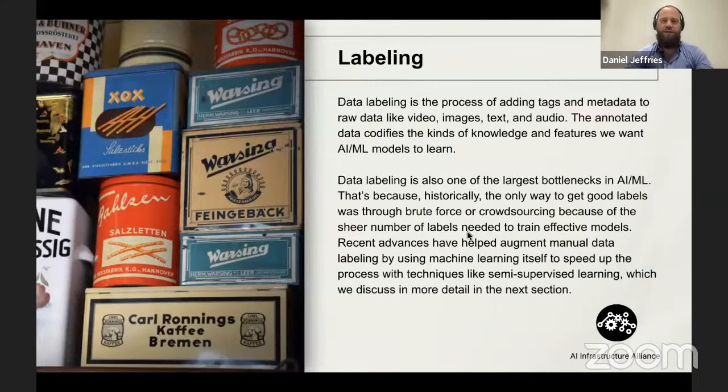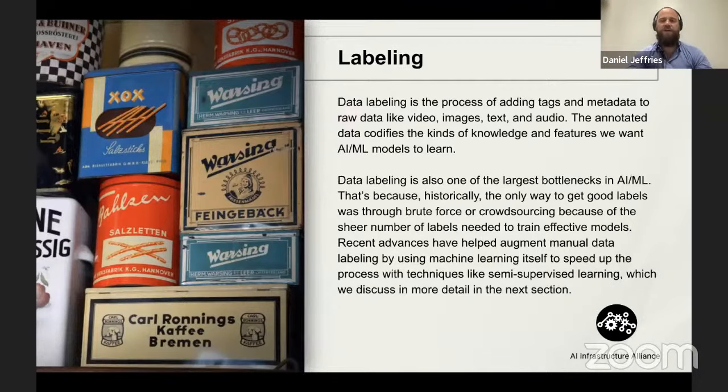Let's get to labeling. This is the process of adding tags and metadata to your raw data, your videos, your images, your text. That codifies the knowledge and features that we want the ML models to learn. Obviously, there are different types of learning: semi-supervised, unsupervised, supervised. A lot of the most important models in the world today are still supervised or semi-supervised.